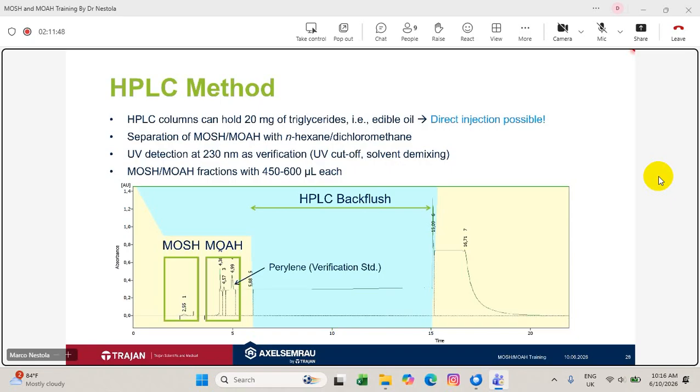That would be the case, for instance, with reverse phase chromatography. Then you get the same slope also in the UV signal. What we're seeing here is only a steep increase.